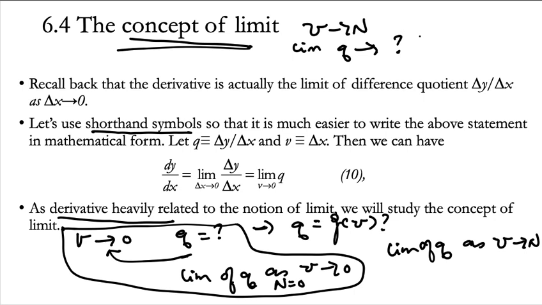Now, how do we write it in mathematical symbols? We can say something like this: the limit of Q as V approaches N from the left side.